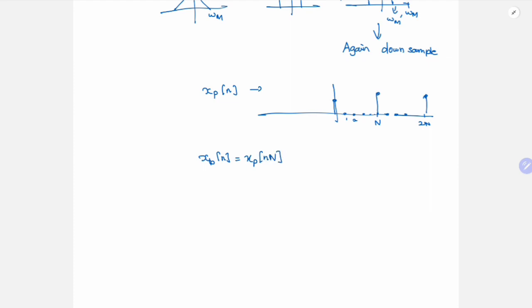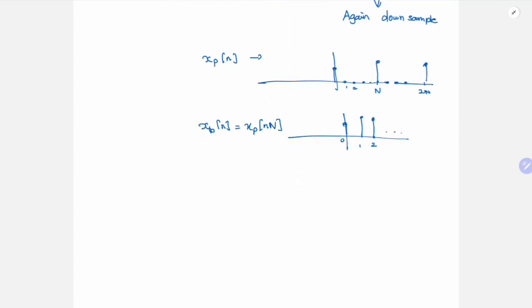So it only retains the integer multiples of n. So I'll have 0, at 1 I'll have what is at n, at 2 I'll have 2n, and so on. So this process of retaining only the nth sample is called decimation.